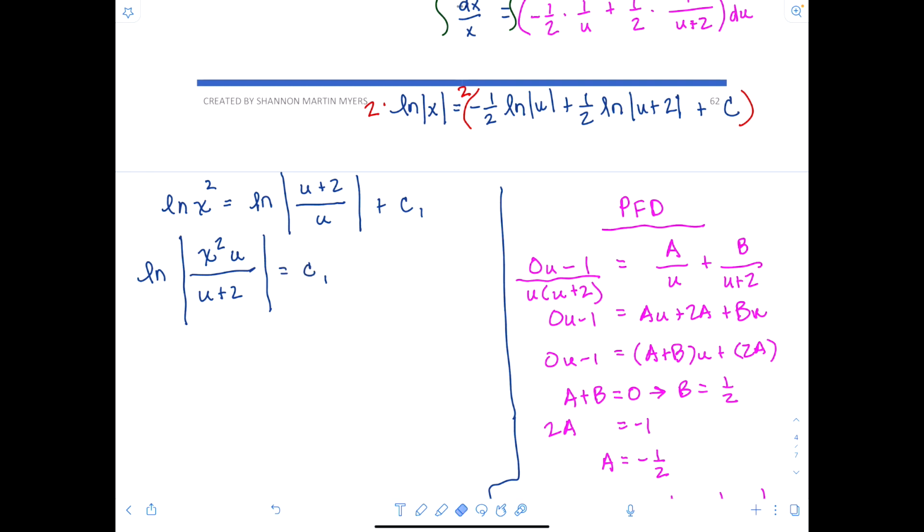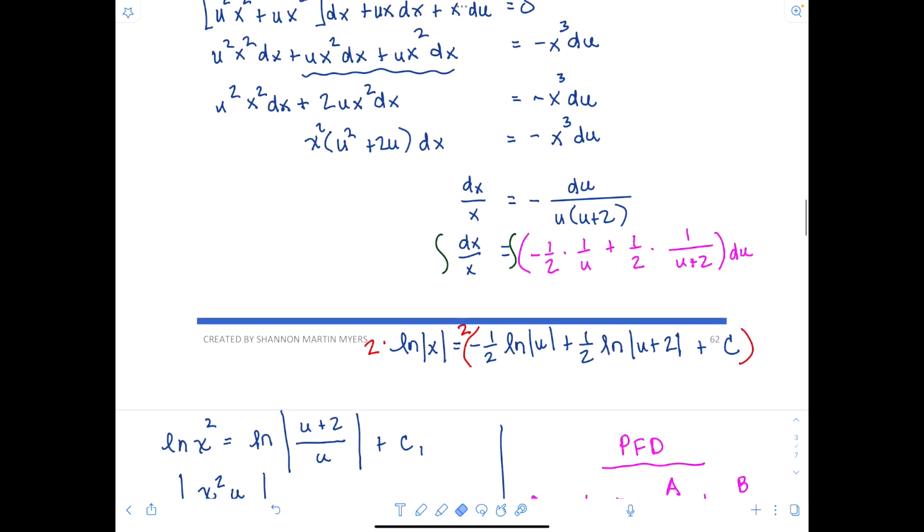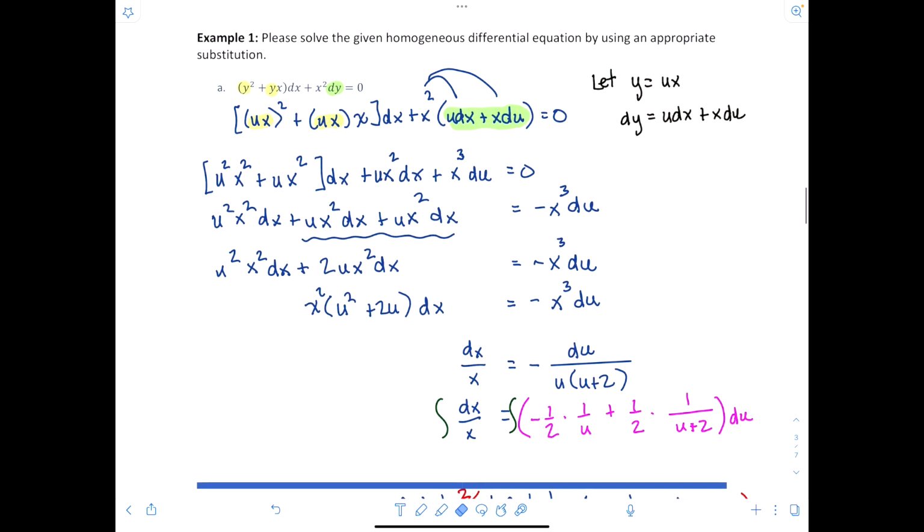Now let's substitute. What was u? y was equal to ux. And so what does that mean? That means that if I isolate u, I will get y over x.